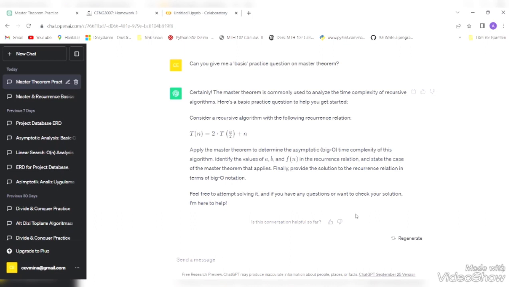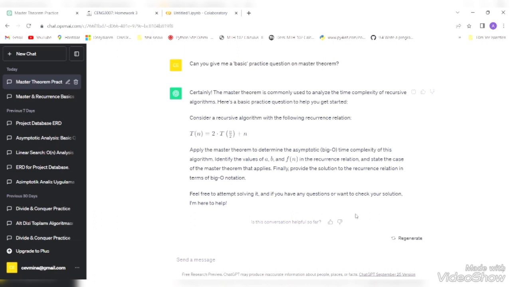We calculate log base 2 of 2 equals 1. Since f(n) = n is O(n^c) where c equals 1, we fall into the first case.